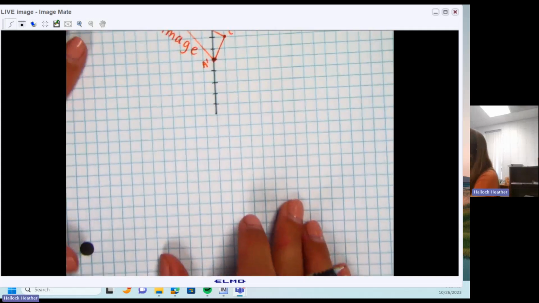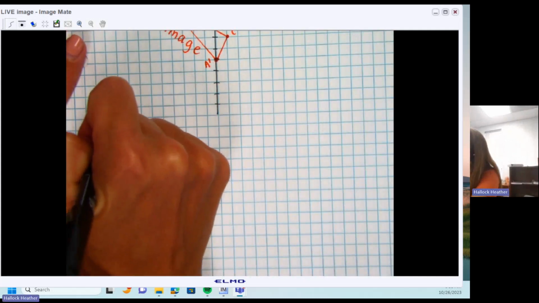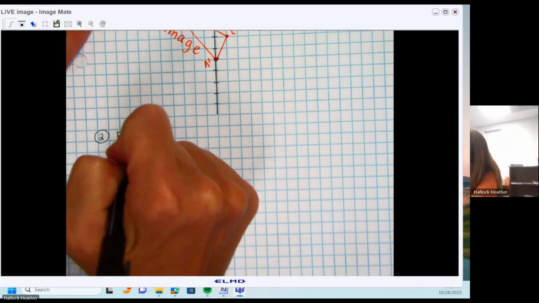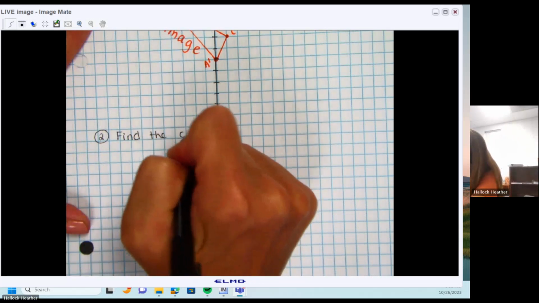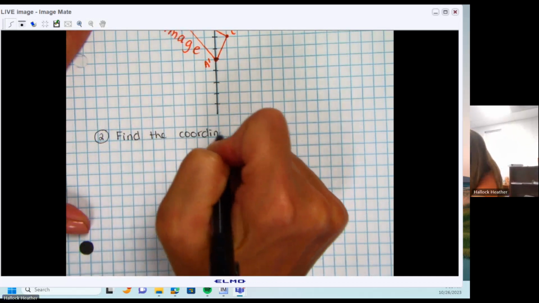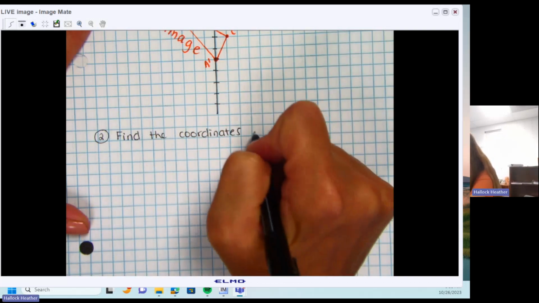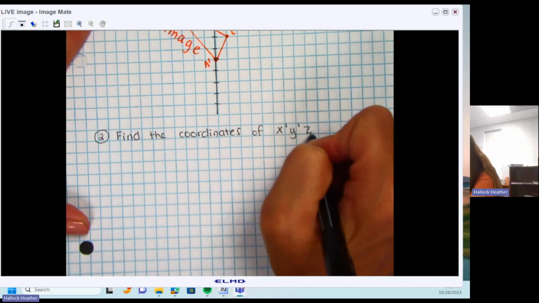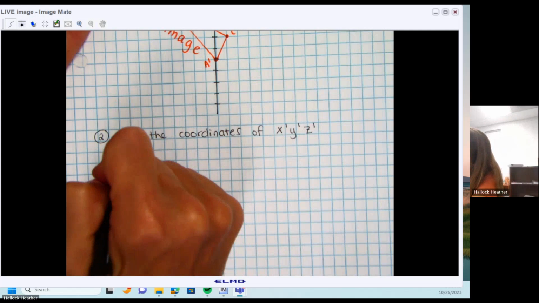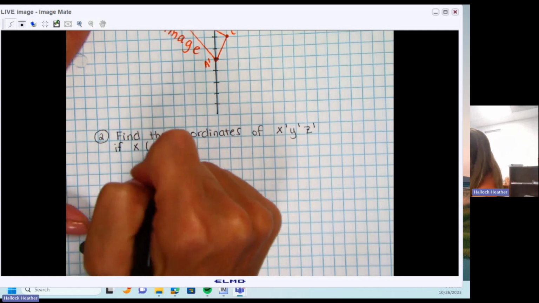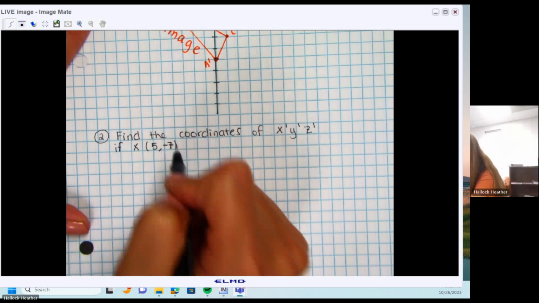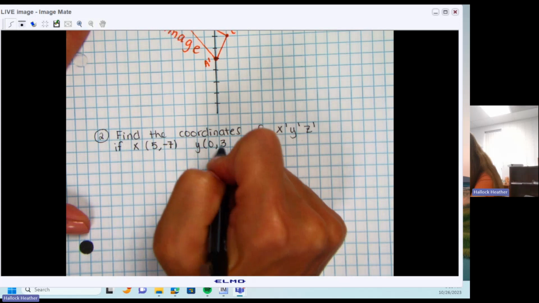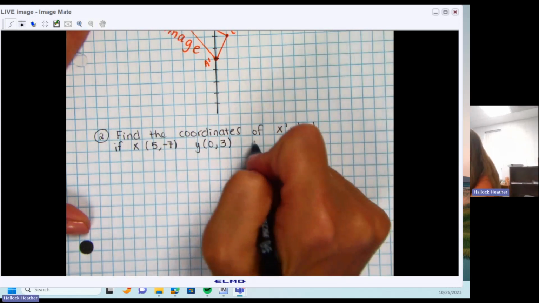Okay, so number 2, we're going to find the coordinates of x prime, y prime, and z prime. If x is at 5, -7, y is at 0, 3, and z.